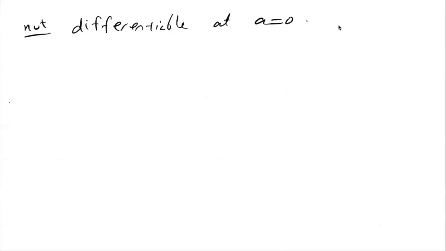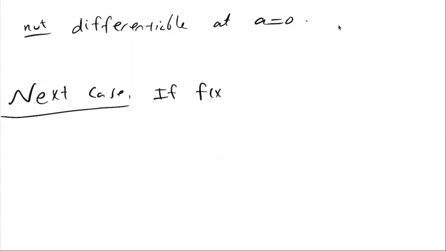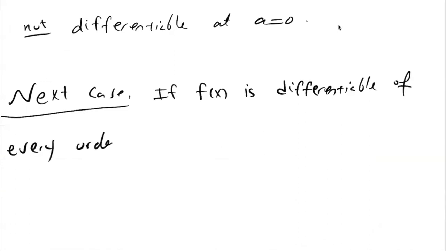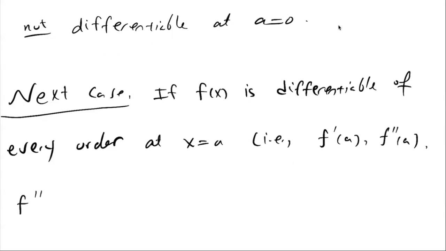So, next case: if f of x is differentiable of every order at x equals a, meaning that f prime of a, f double prime of a, f third derivative at a, all these are defined, they all exist.